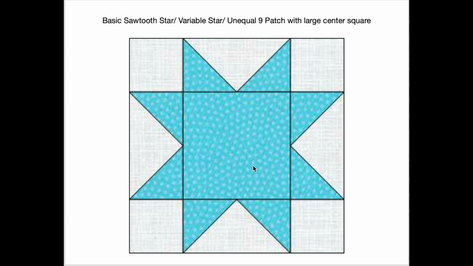Oh, that might have to be an applique picture. But there's just so many possibilities. You can also add triangles in the background areas. So take a sawtooth star and see how many possibilities you can come up with to design and make your sawtooth star just what you'd like it to be.